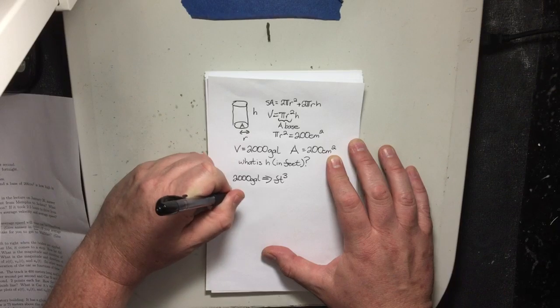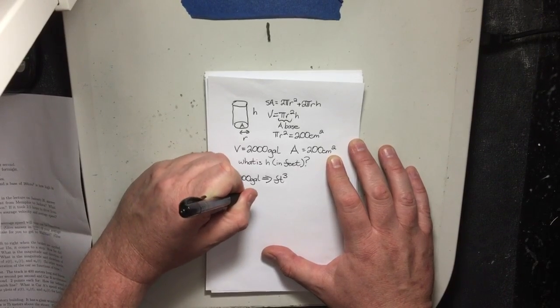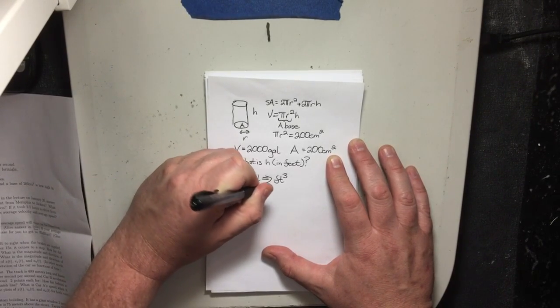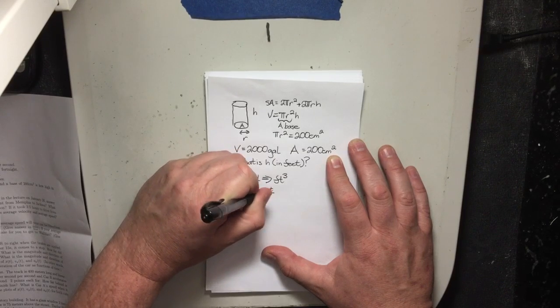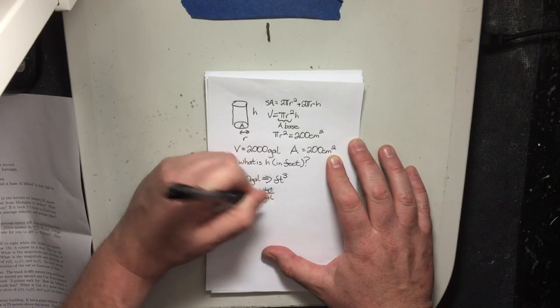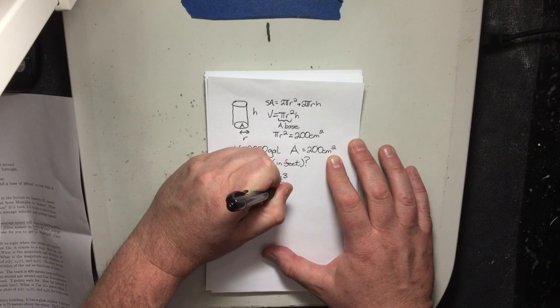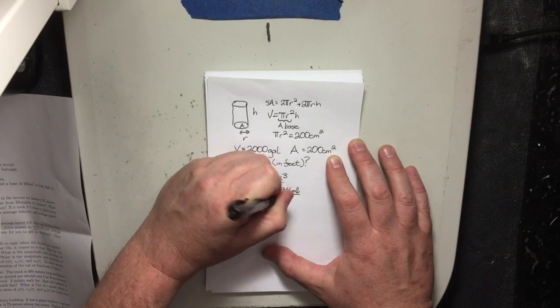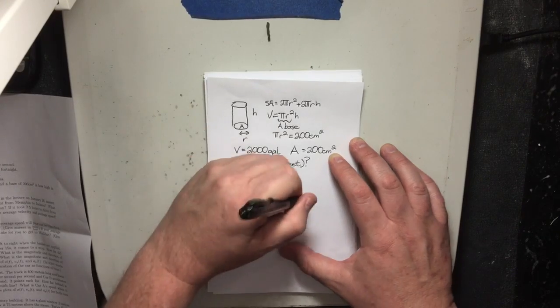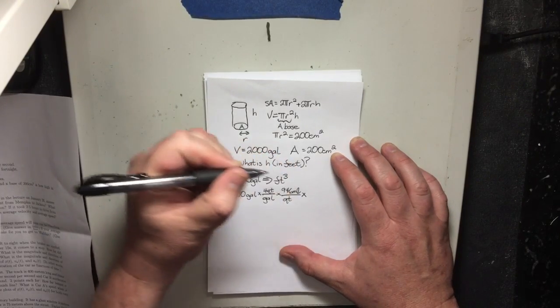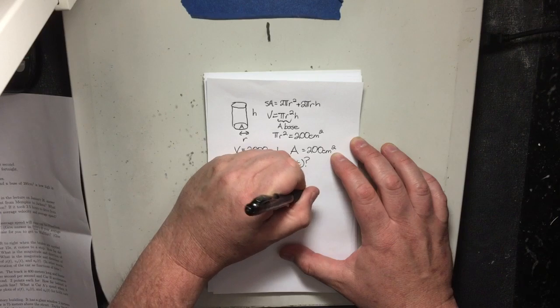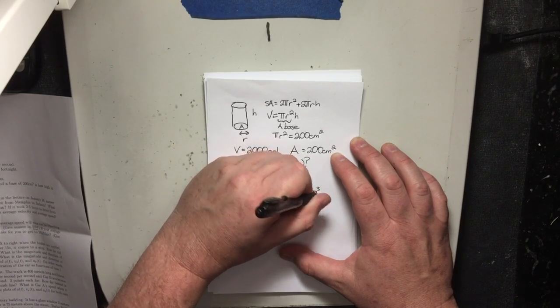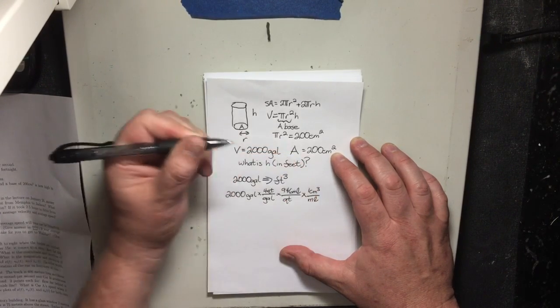So 2,000 gallons times 4 quarts per gallon times 946 milliliters per quart times, let's see, 1 cubic centimeter per milliliter.